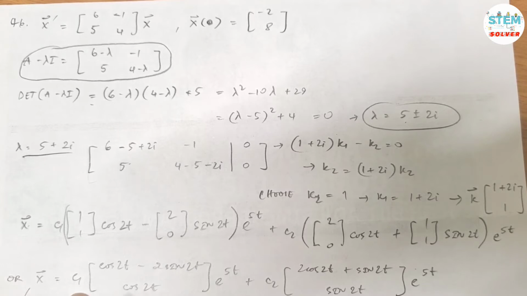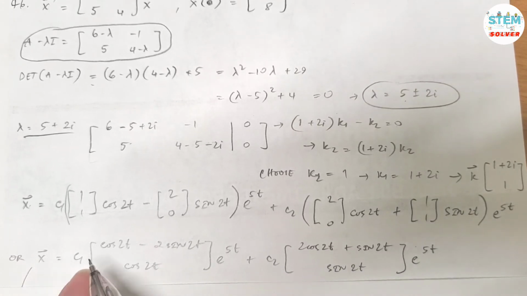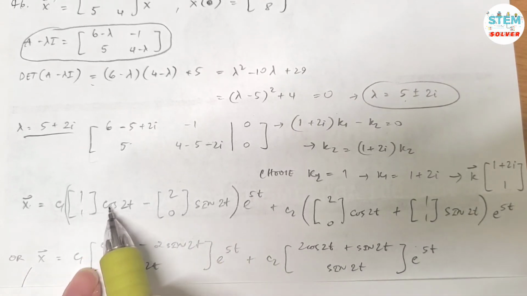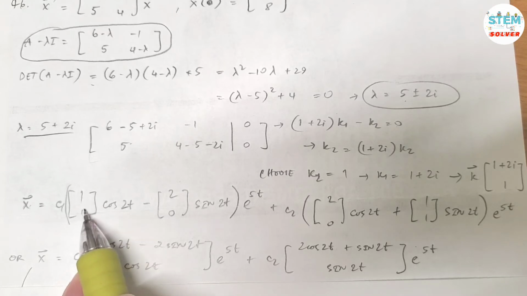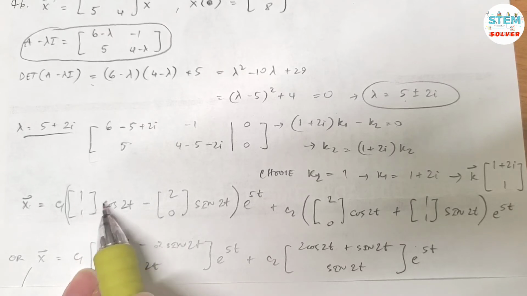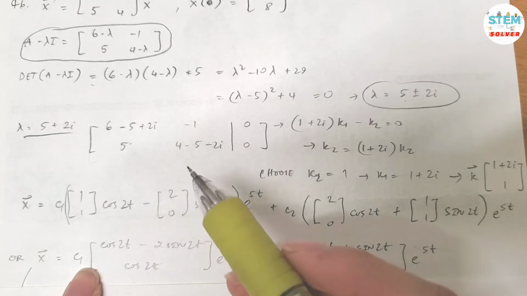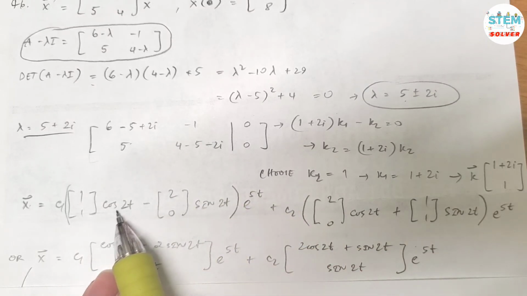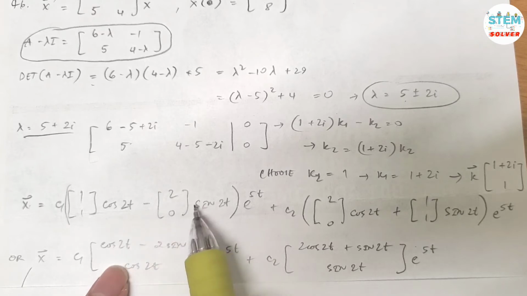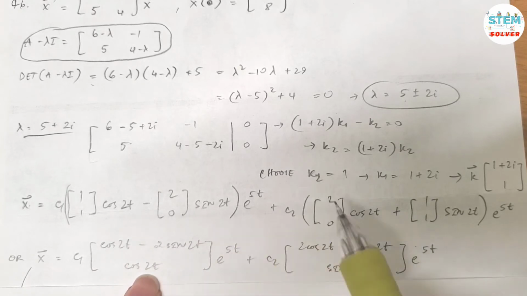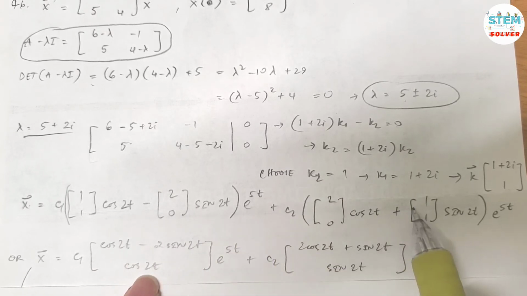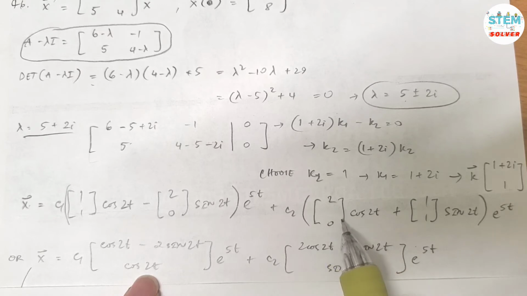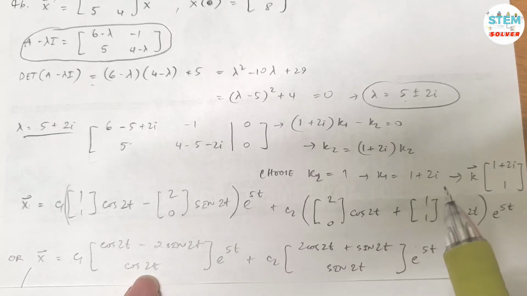Basically I multiply this into a matrix: you multiply a matrix with a constant and then add or subtract them together. That gives you this matrix. Similarly for this one, multiply a constant with a matrix, then add them together. That gives you this matrix.